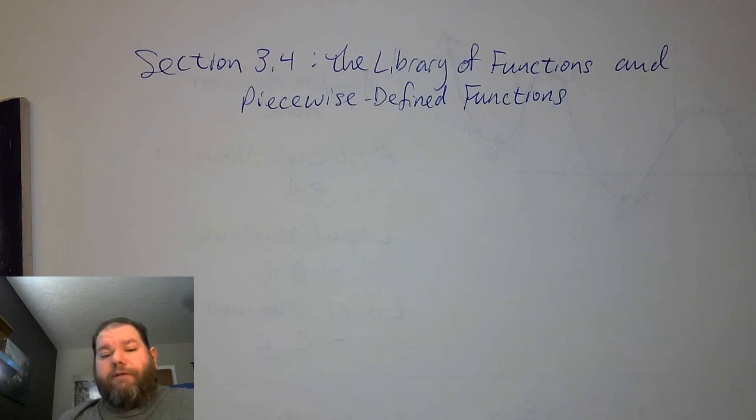Our library of functions is basically just a list of different functions, including their names, and the general shape of the graph. It may vary from one to another, but they have the same general shape.